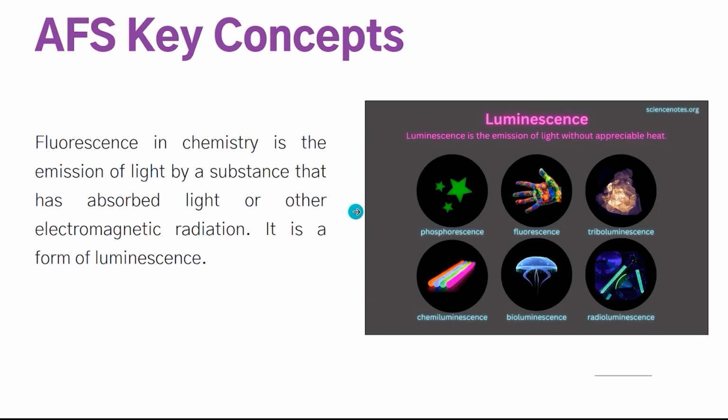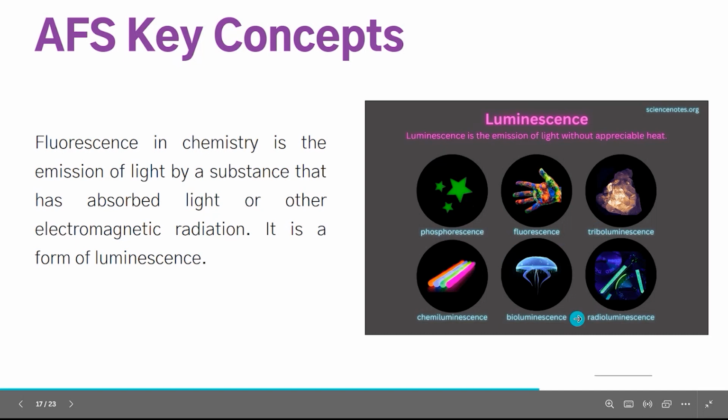Now, fluorescence is a form of luminescence, of course. And there are also other forms of luminescence, for example, phosphorescence, cryoluminescence, chemiluminescence, bioluminescence, such as those in the jellyfishes, and finally, radioluminescence.